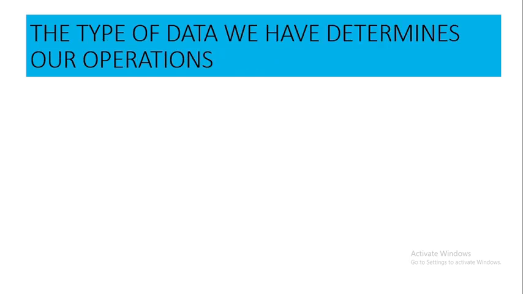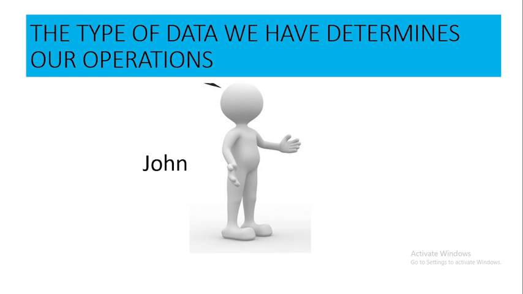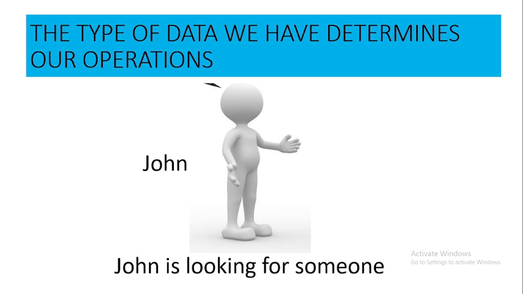So let's take this everyday example to build on the fact that the type of data we have actually determines our operations. We have John, and John is looking for someone. What John knows about the person is that John can only describe the person. So John moves out in search for this person.